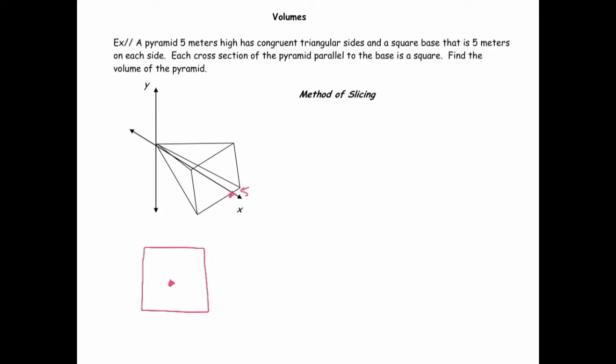Now the first thing to notice is that it is a pyramid, and we know the formula for the volume of a pyramid from geometry. It's 1/3 x squared, where x is the length of the base, times the height. According to the description, the base is 5 meters on each side.